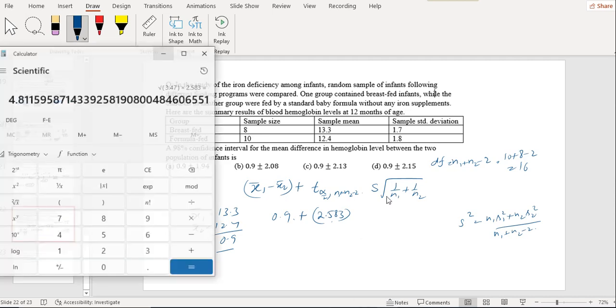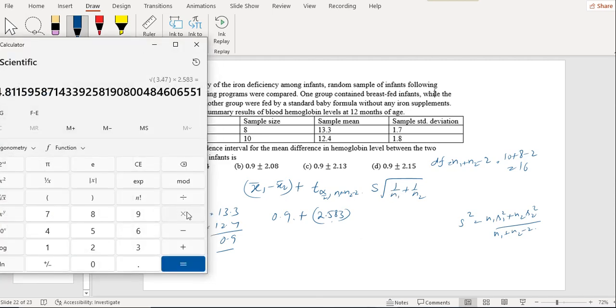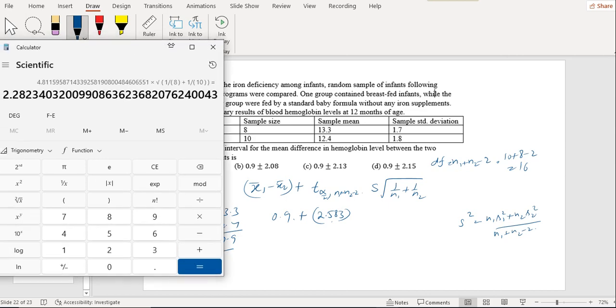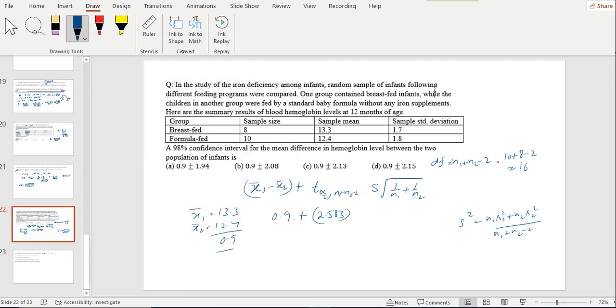Okay, we need to multiply by the square root of reciprocal of 8 plus reciprocal of 10, its root comes to 2.28.